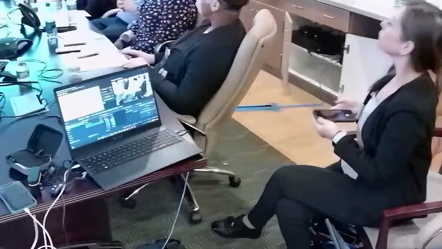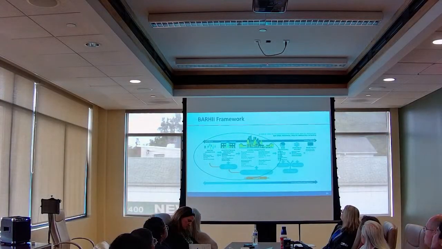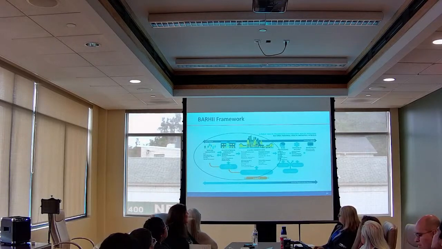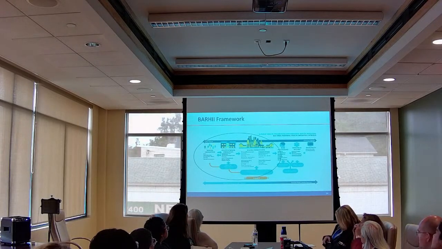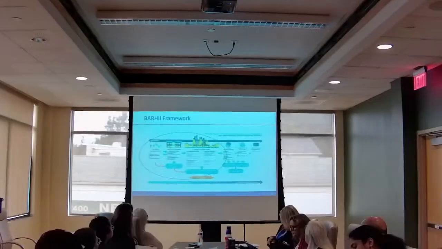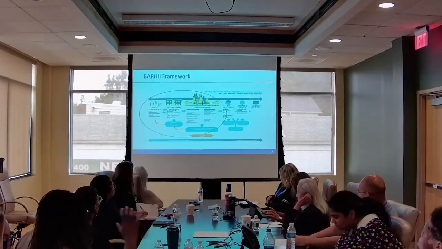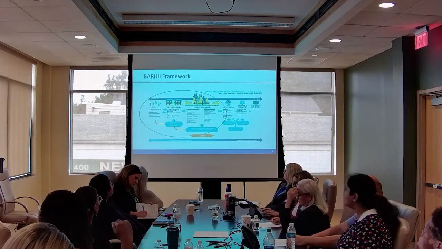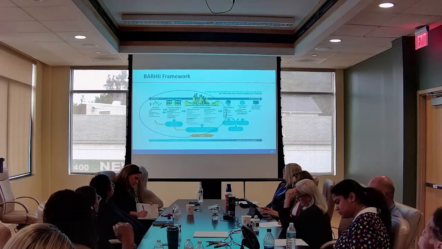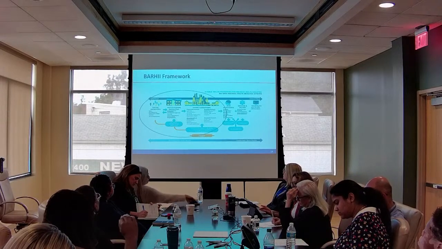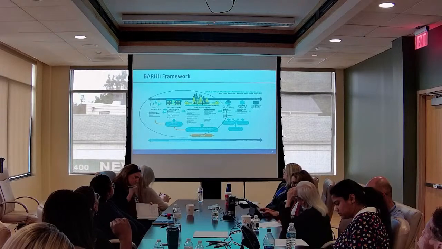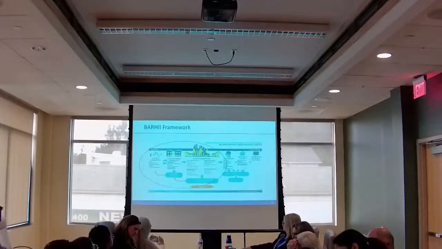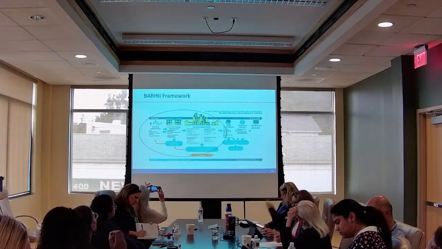So I don't know if anyone is familiar with the Bay Area Regional Health Inequities Initiative. This framework is excellent because it really shows what we were just talking about with respect to structural and social determinants of health, and also explains upstream to downstream types of interventions or activities in the public health framework.